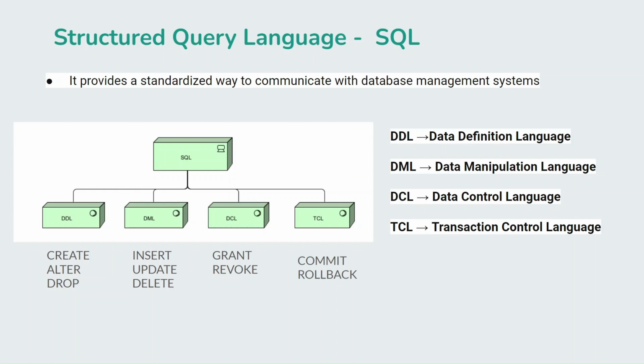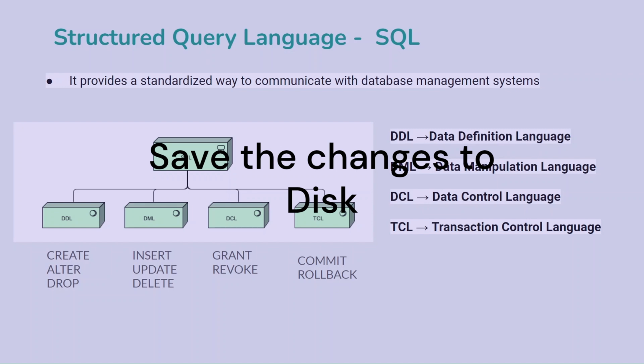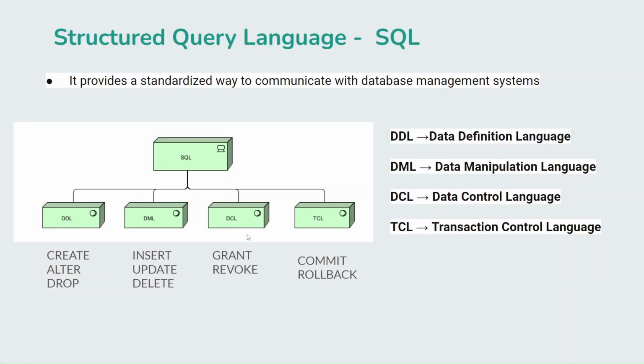The transaction control language consists of just two parts, commit and rollback. The commit command is used to permanently save the changes made within a transaction. For example, when you did an insert for 1000 records, you would like to save them into the database, so you would have to issue a commit command.